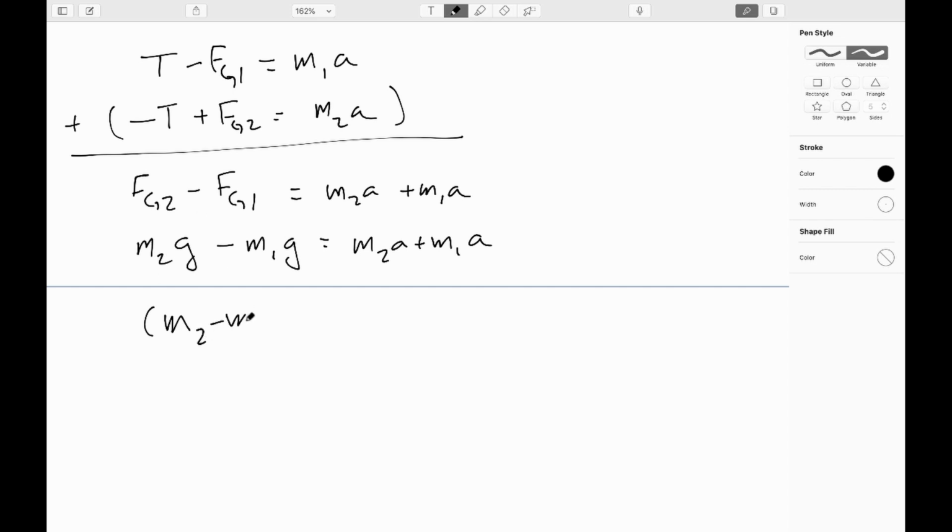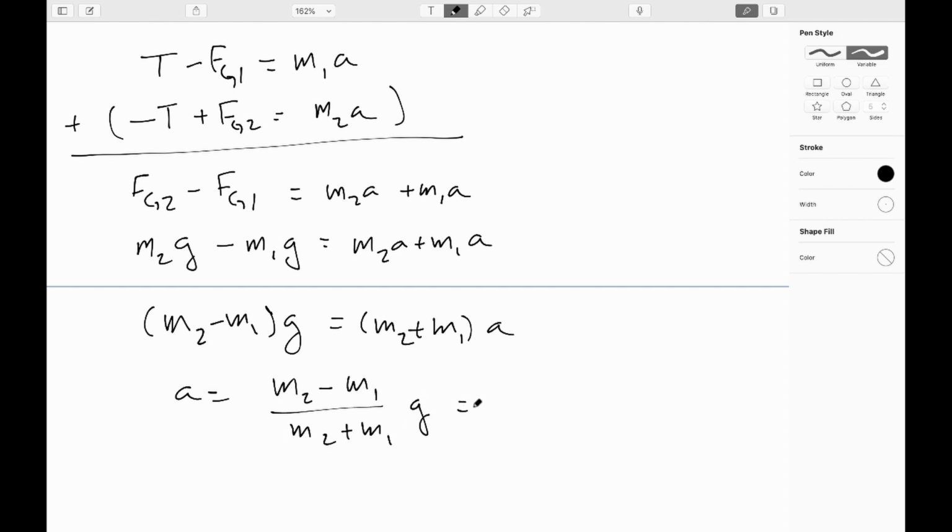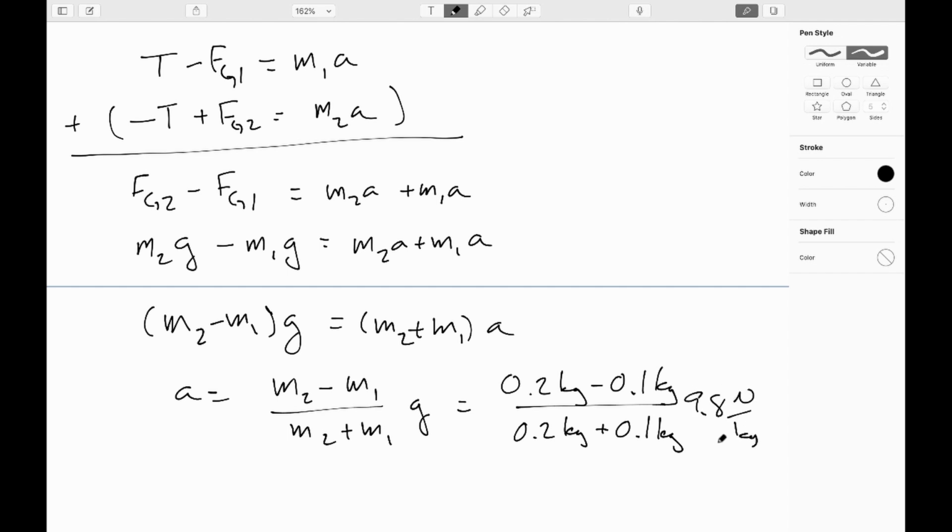So this will be M2 minus M1 times G, and this will be M2 plus M1 times A. So we get the acceleration is M2 minus M1 over M2 plus M1, times G. So this will be 0.2 kilograms minus 0.1 kilograms over 0.2 kilograms plus 0.1 kilograms times 9.8 newtons per kilogram.